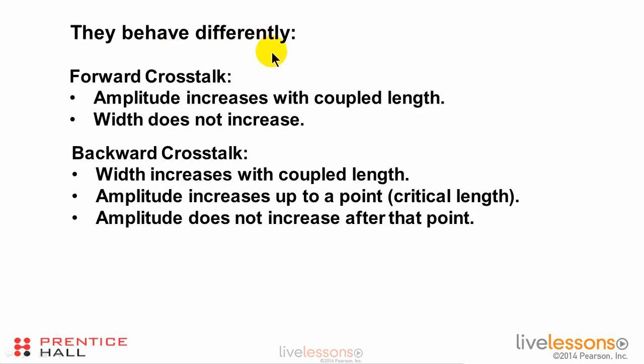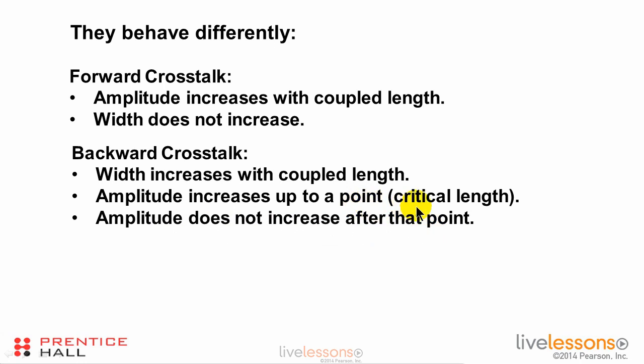Now these signals behave differently, and we've just covered that. The forward crosstalk signal has an amplitude that increases with coupled length, but the width doesn't increase at all. The backward crosstalk signal has a width that increases with coupled length, but the amplitude increases only up to a point, and then it doesn't increase after that.